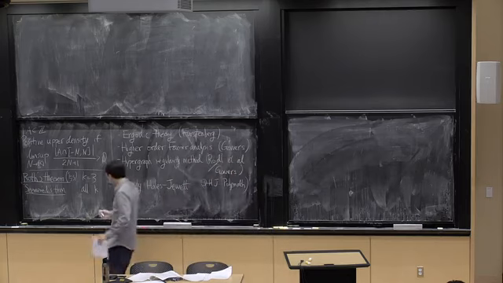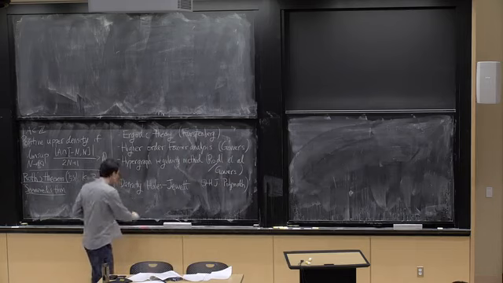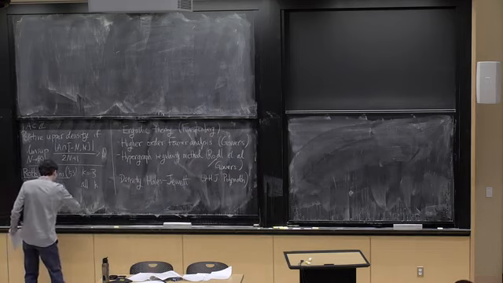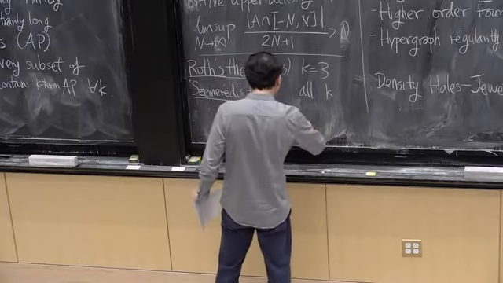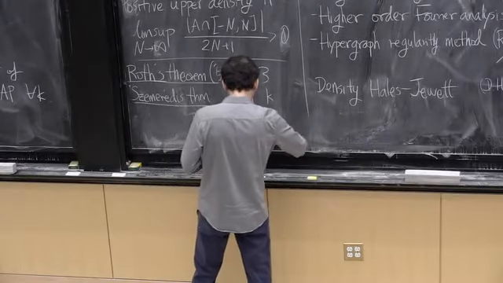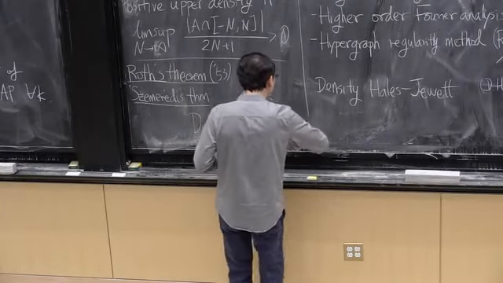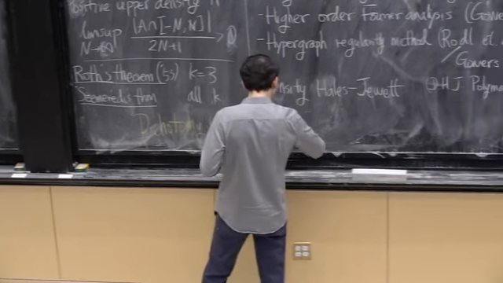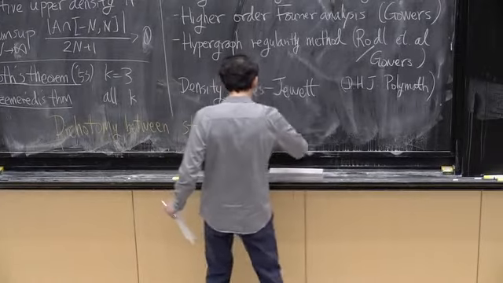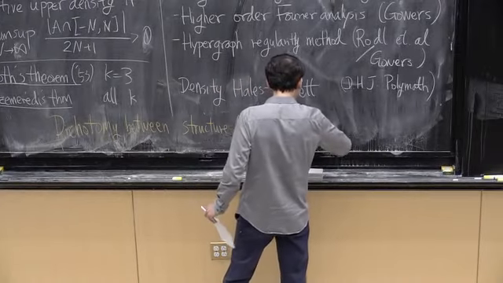But there's one central theme, and this is also going to be a theme in this course, which goes under the name, and I believe Terry Tao is the one who popularized this name, the dichotomy between structure and randomness. So structure and pseudo-randomness.